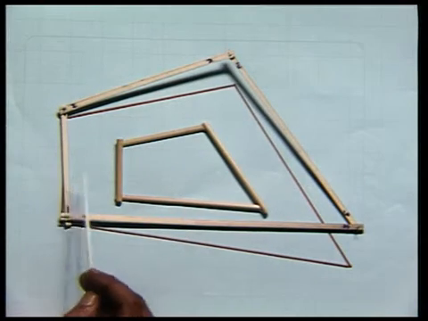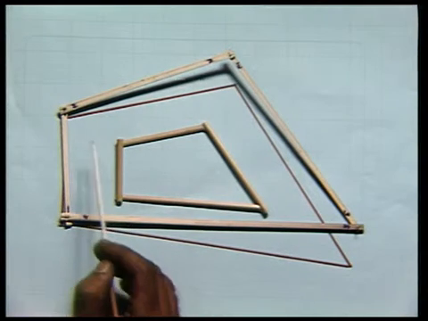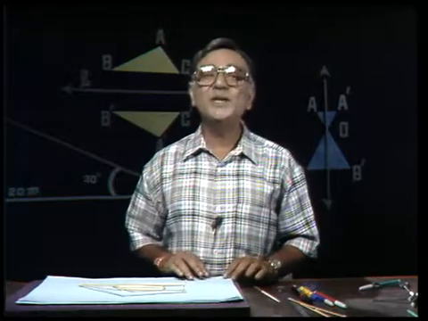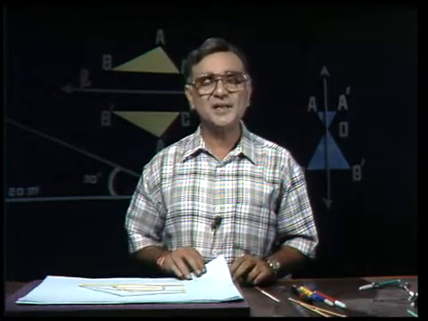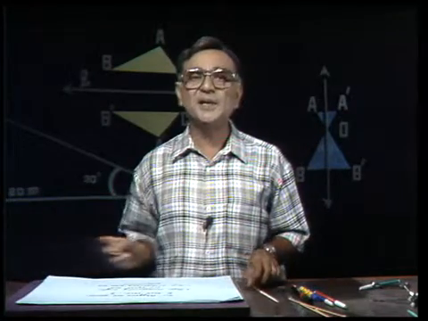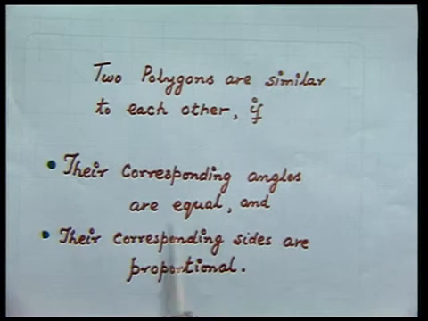Here although the proportionality of the sides has been maintained, the angles have changed. So that means for two figures to be similar, what is the necessary condition? The necessary condition for two figures to be similar is that their corresponding angles are equal and their corresponding sides are proportional.